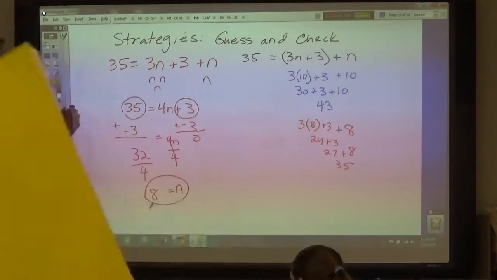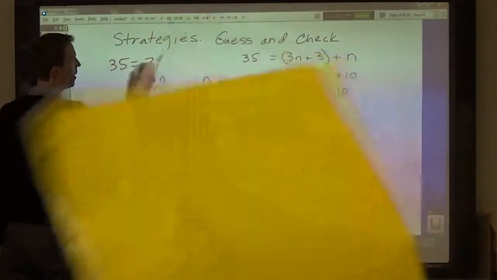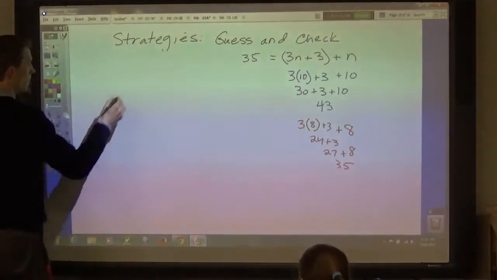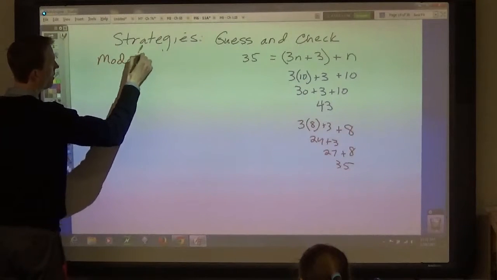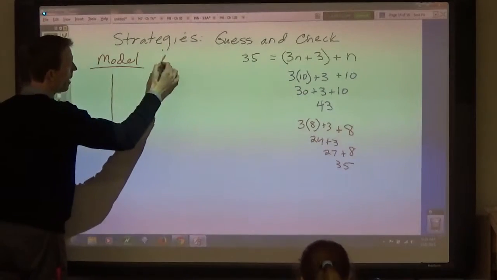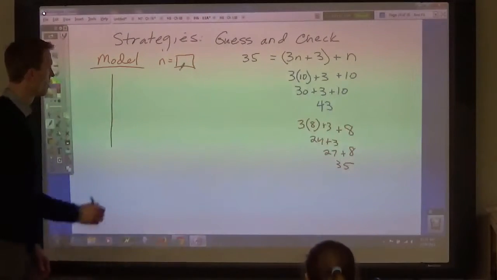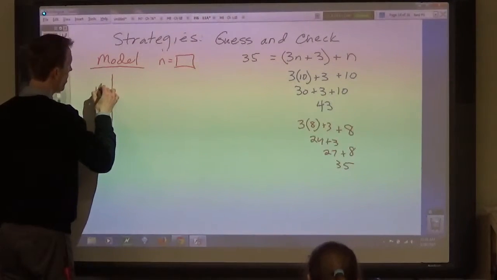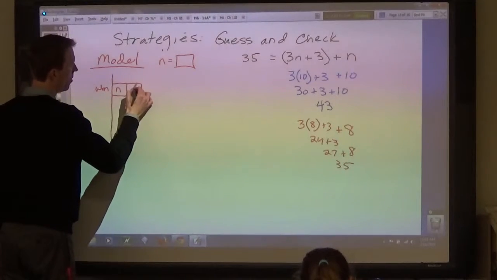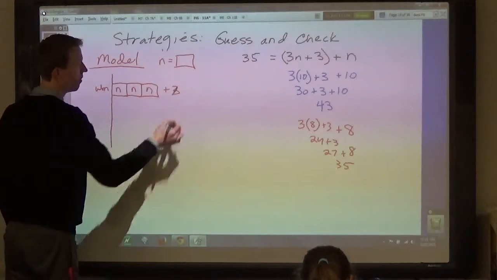There's another method, though, that I want you to use, and that is to model it. And this is a great way to help you. If we know that the number of games won is 3 n's plus 3, right?